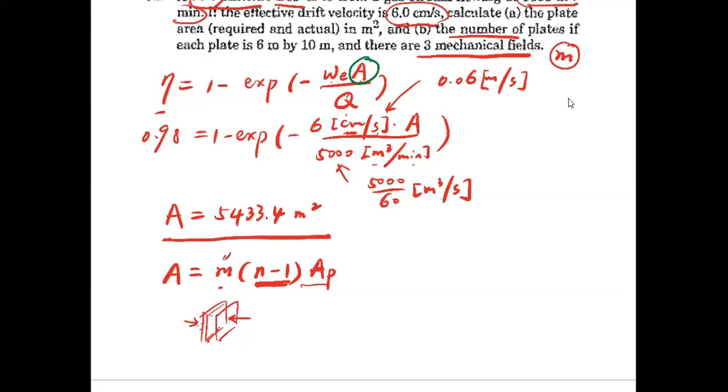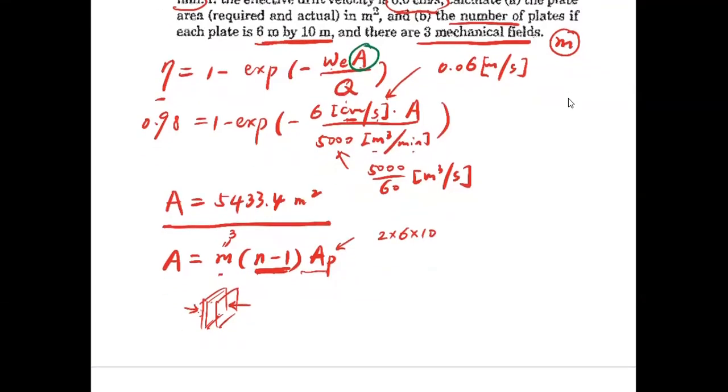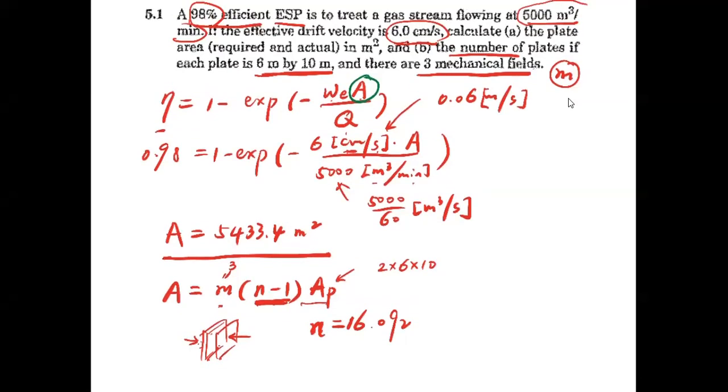Since here we have M equal to 3, and AP, the plate area on both sides, is 2 multiplied by 6 multiplied by 10, right? This is the plate area. And we calculate that N is equal to 16.092. So we mentioned that to achieve this collection efficiency, we have to round it up to 17, right?